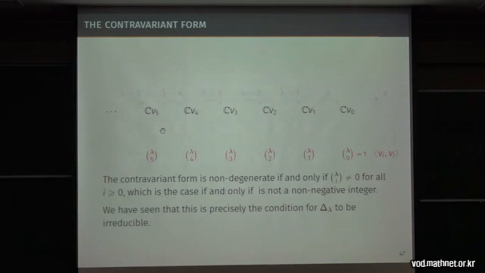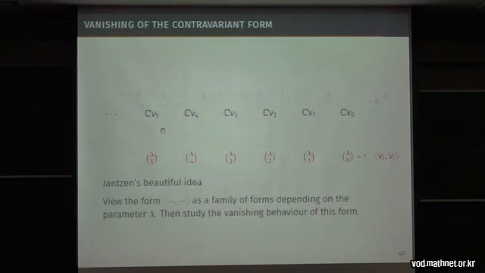This is precisely the condition for this Verma module to be irreducible. So in this particular example, the form is non-degenerate precisely when the Verma module is irreducible. And what Jantzen said is that in general, this is not just one module, the module depends on a parameter. And so what we can do is look at the order of vanishing of these guys at a particular value of lambda.